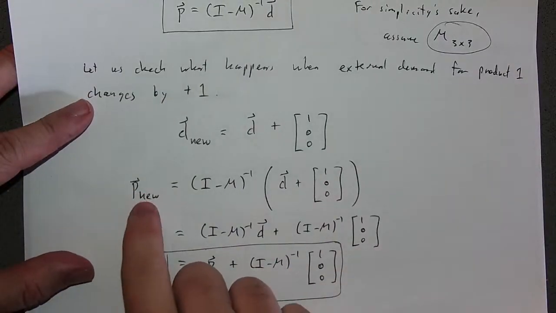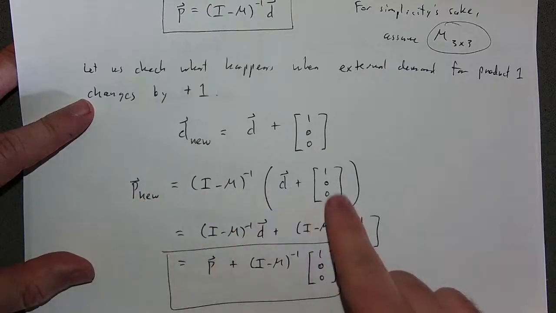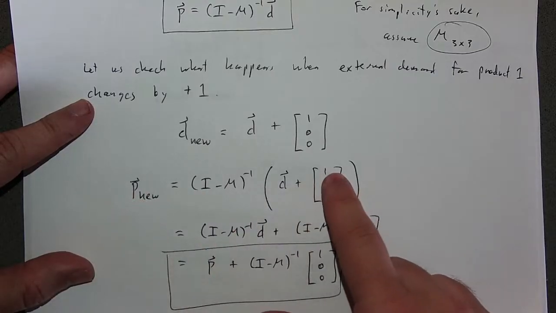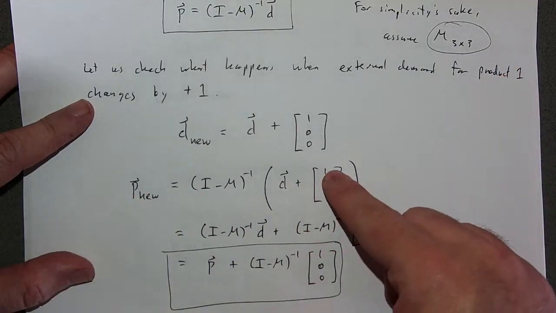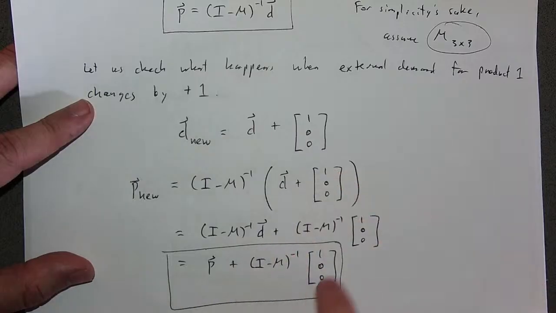Since this is the new production vector I get by incrementing the external demand for product 1 by 1 unit, the thing that I add to my previous production vector is exactly the first column of (I minus M) inverse.